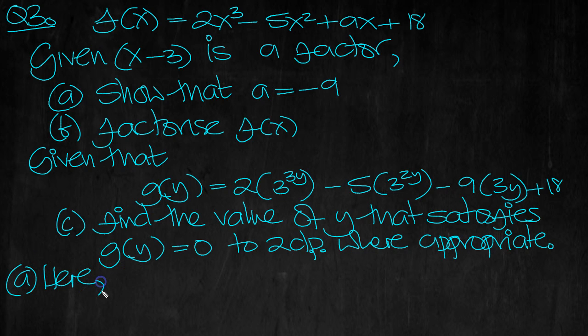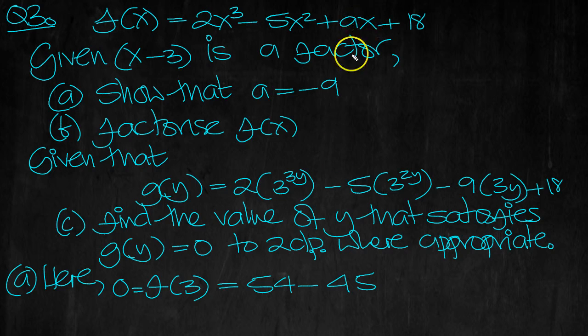So x minus 3 is a factor, so f of 3 will be 0. And f of 3 is equal to, put 3 in here, 3 cubed is 27, so that's 54. 3 squared is 9, 5 nines are 45. a times 3 is just 3a plus 18, and as we said that equals 0.